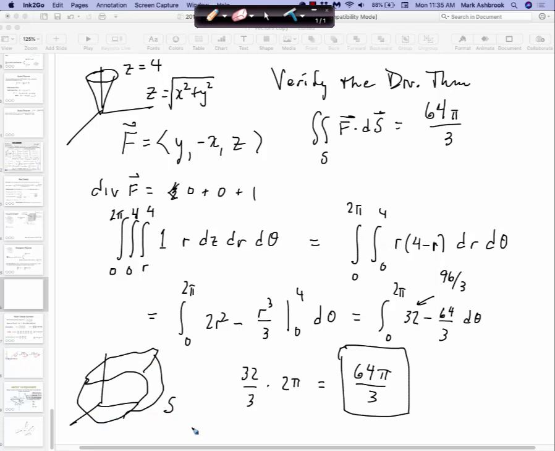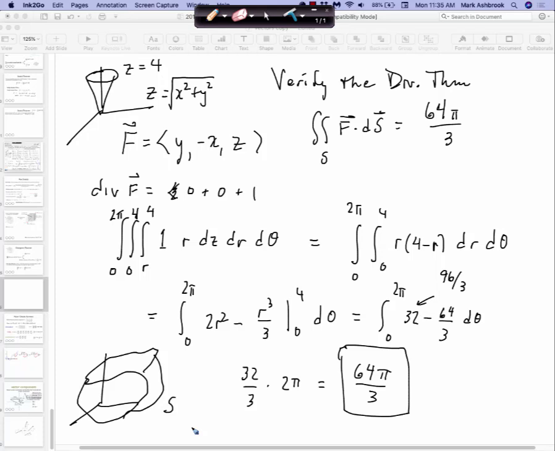Would mean doing what? If it said, use the divergence theorem to find the flux through S in the vector field, what would that mean? Do you parameterize the different parts of the surface and do F dot dS? Is that what that means? No, because then you're not using the divergence theorem. You're just calculating the flux.